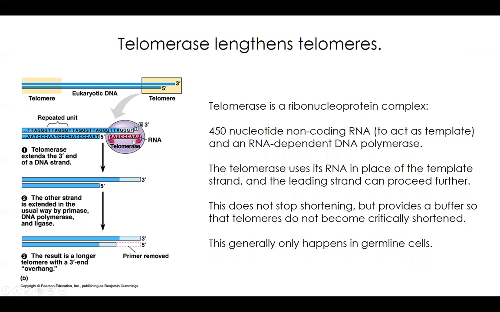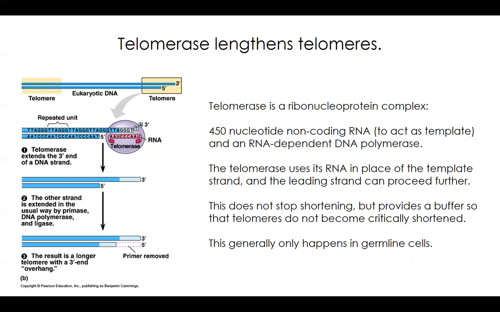So in human cells, in most of the cells in your body, telomerase is not actually functioning in your adult self. It is not on in your skin cells, to speak of. So those telomeres are just shortening. That's just part of life.